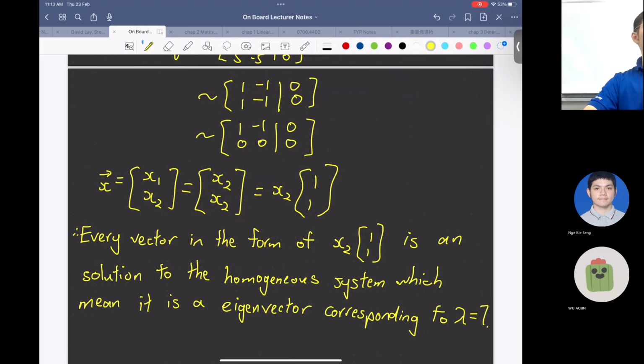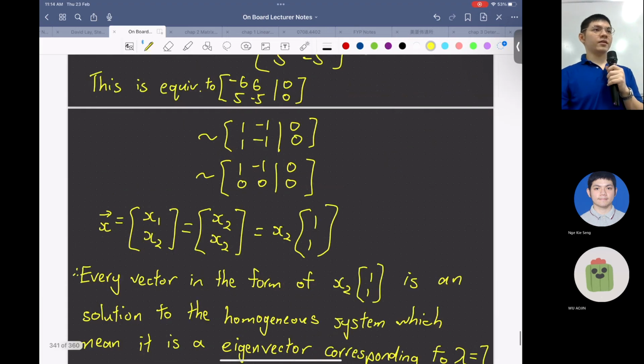Okay. Let's see. Okay. Yeah, we already found the eigenvector also. Okay. Yeah, straightforward. Okay.